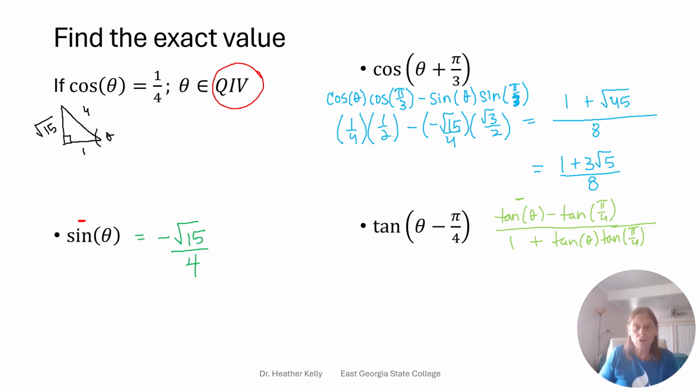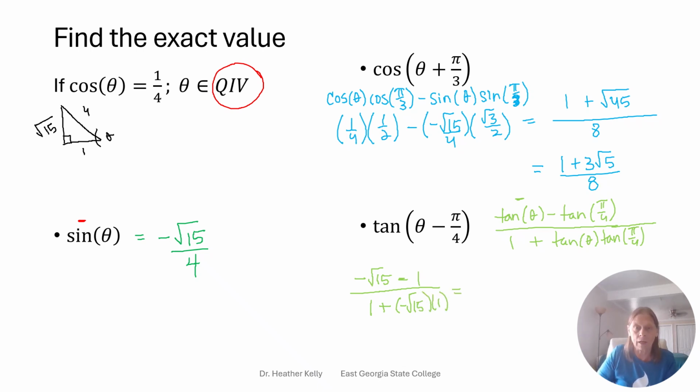So the tangent of theta in quadrant 4 is negative square root of 15, minus tangent of pi over 4 is 1, over 1 plus tangent of theta, negative root 15, times 1.